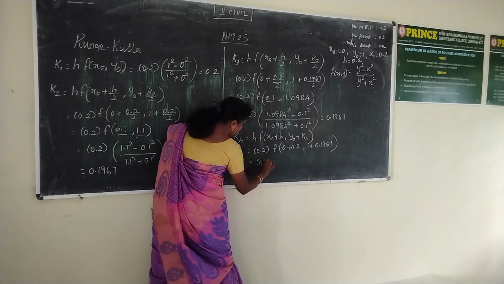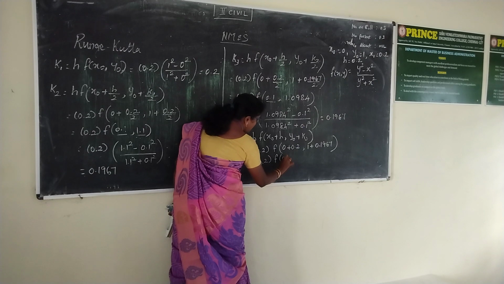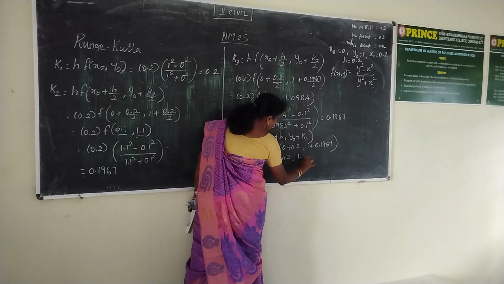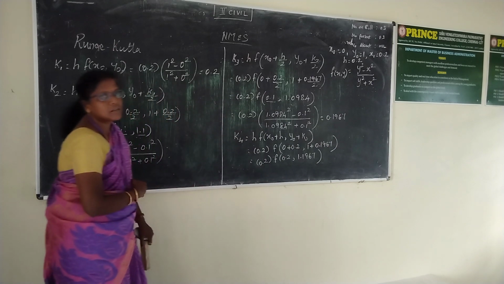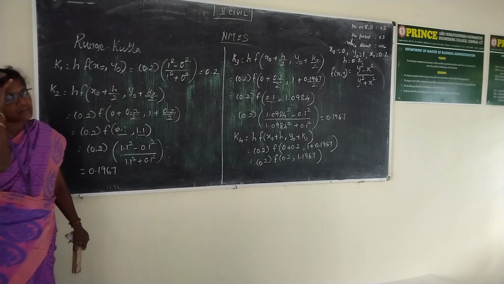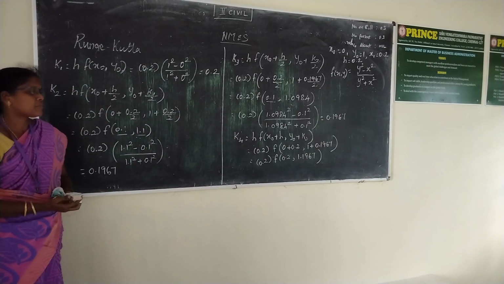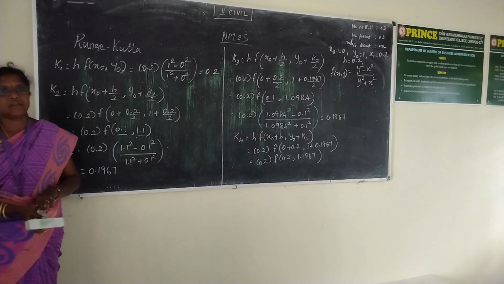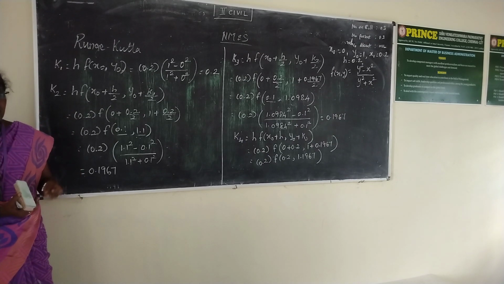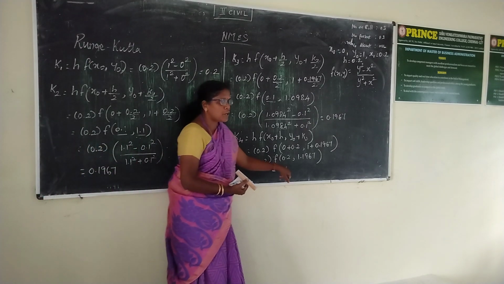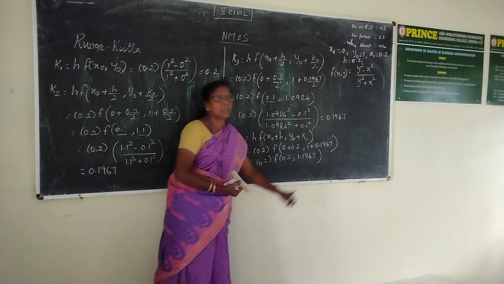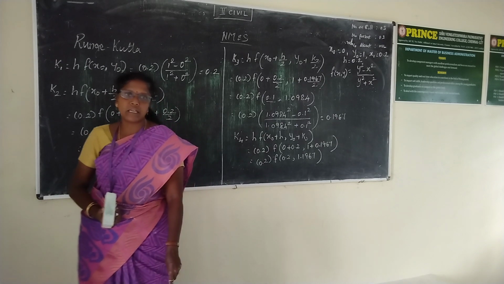So 0.2 into f of 0.2 comma 1.1967. Now in f of x comma y, replace x as 0.2 and y as 1.1967. Find what is the answer?